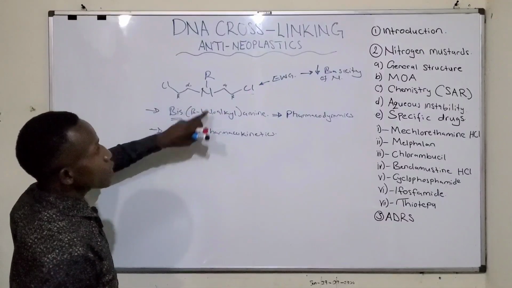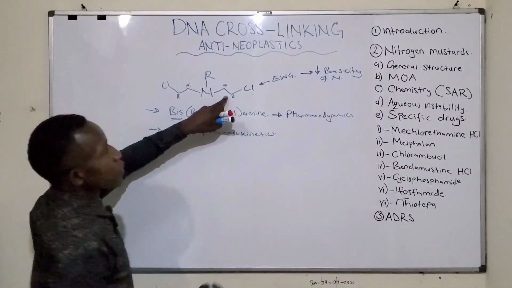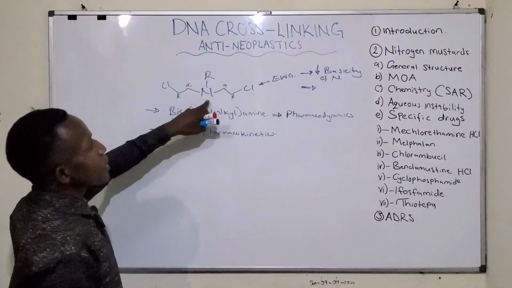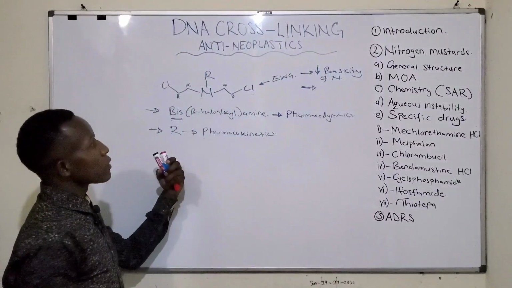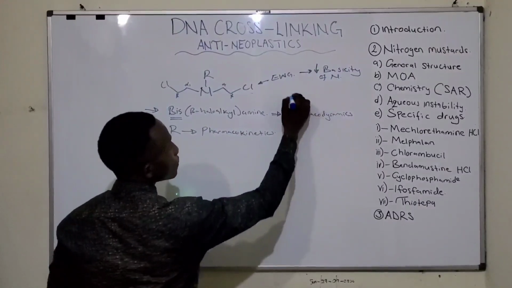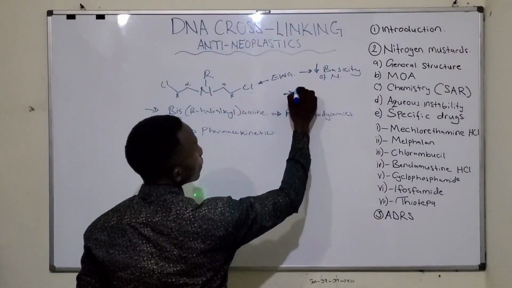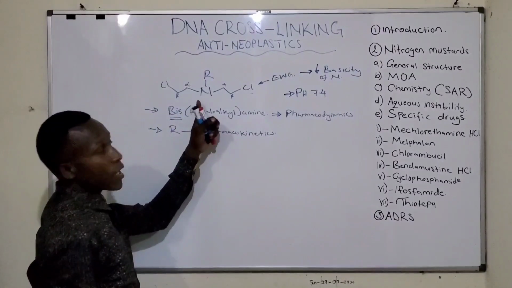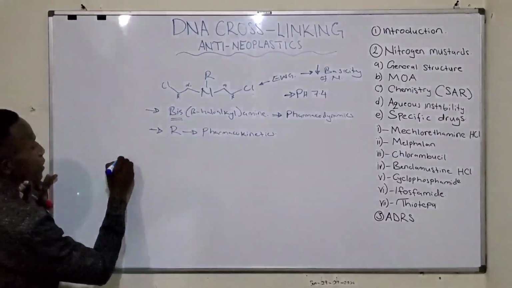Instead of attacking the proton, it will attack the carbon. So the pKa of these nitrogen mustards will reduce, meaning that at the normal pH of 7.4, most of this drug will stay unionized because we're expecting this.